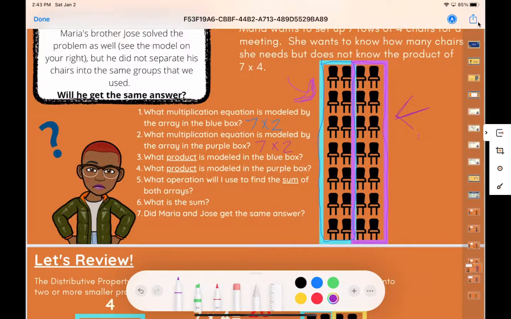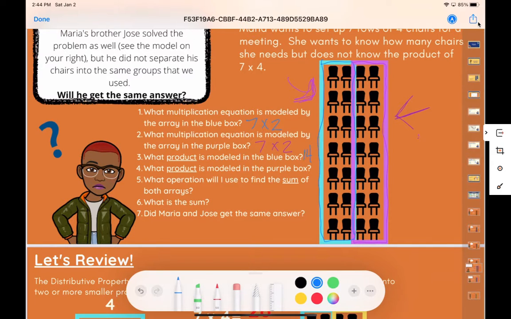Looks like they are the same. What product is modeled in the blue box? Remember, the product is your answer to your multiplication. Did you say 14? If you did, you're absolutely correct. 7 times 2 is 14.